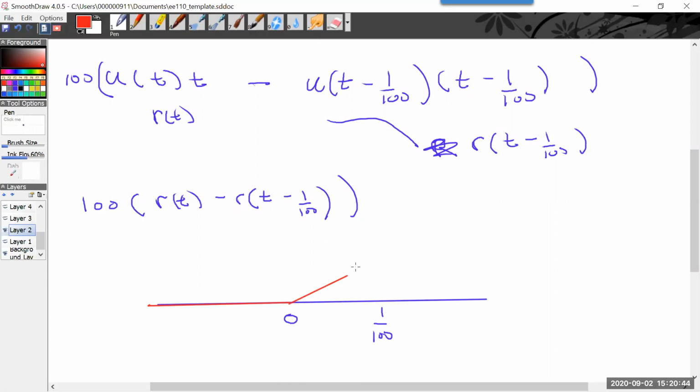Then we start ramping, but our slope is 100, right? And then the other ramp function is pointing in the other direction, or we have an opposite slope, right?